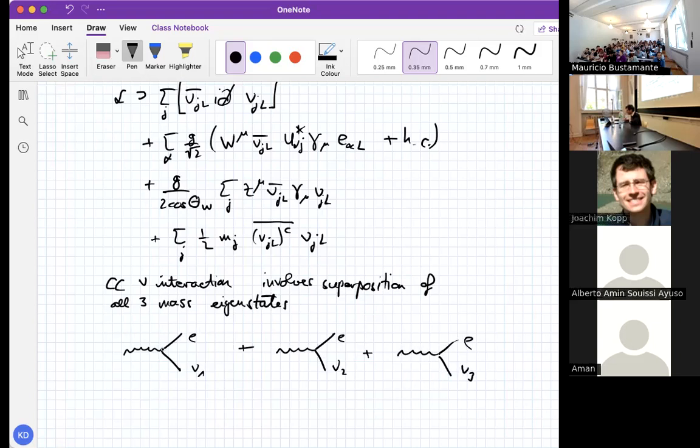And the vertex in each of these diagrams now contains a mixing matrix element. So the coupling constant in the first diagram here is g over square root 2 times U_e1^*. In the second diagram, it's g over square root 2 times U_e2^*. And in the third diagram, it's g over square root 2 times U_e3^*.